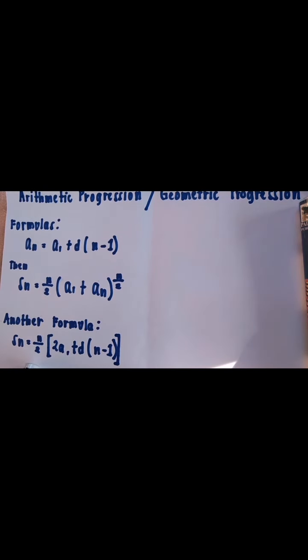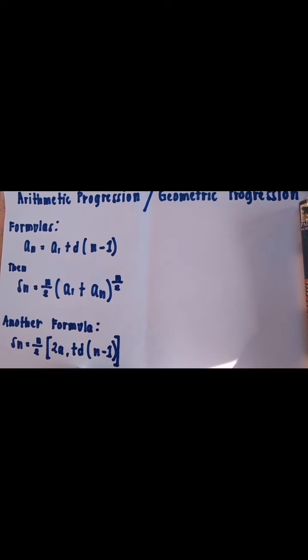The sum of n terms is equal to n over 2 times the quantity 2 times the first term a sub 1, plus the common difference d times n minus 1.